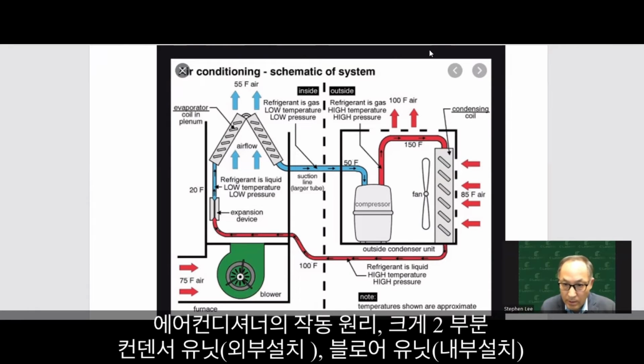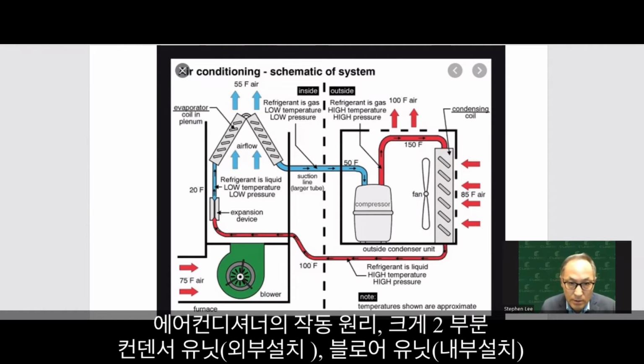The warm air comes back to this system, but this is outside, and this is actually inside.